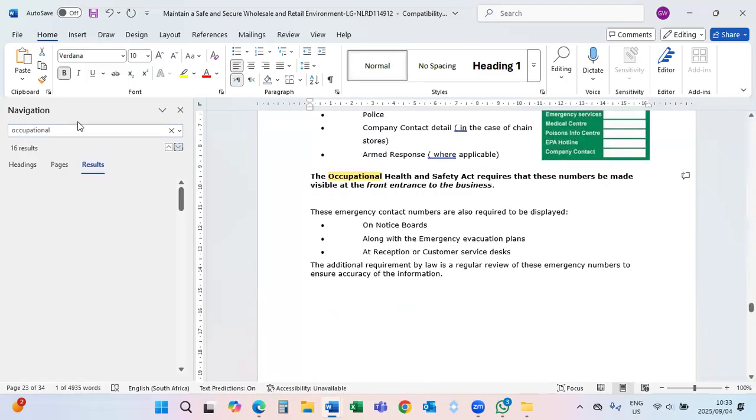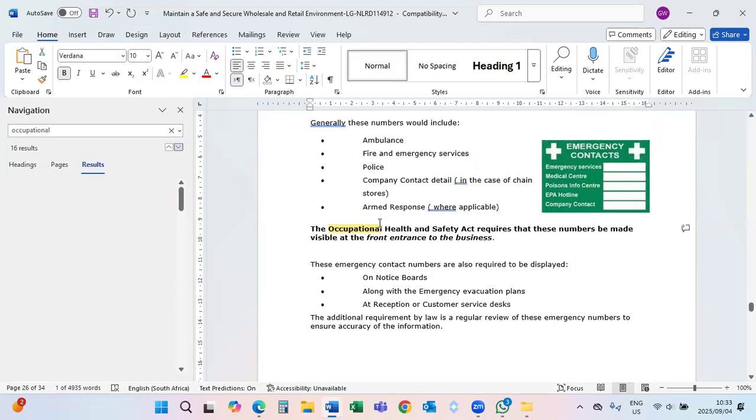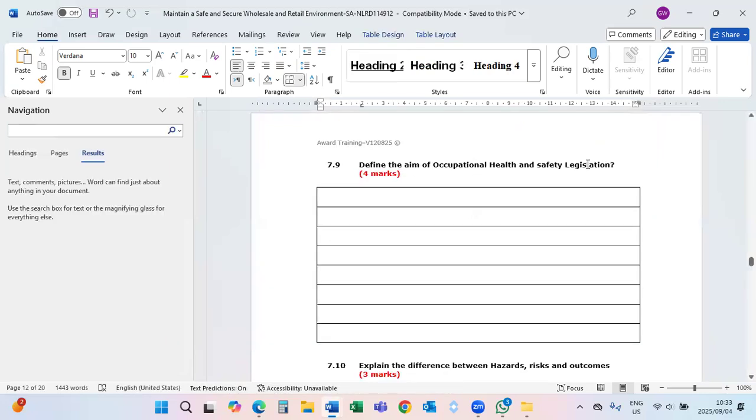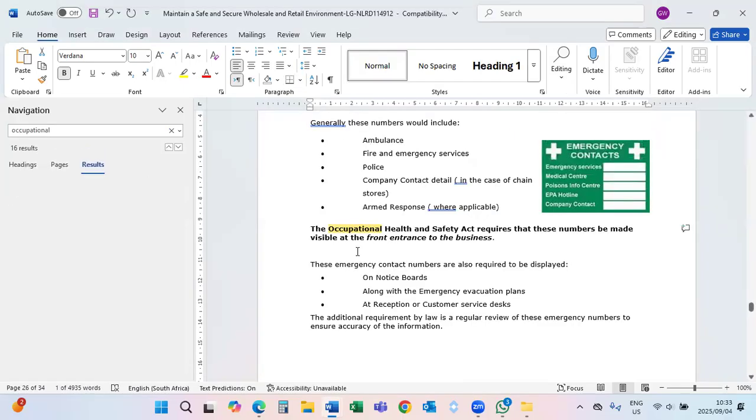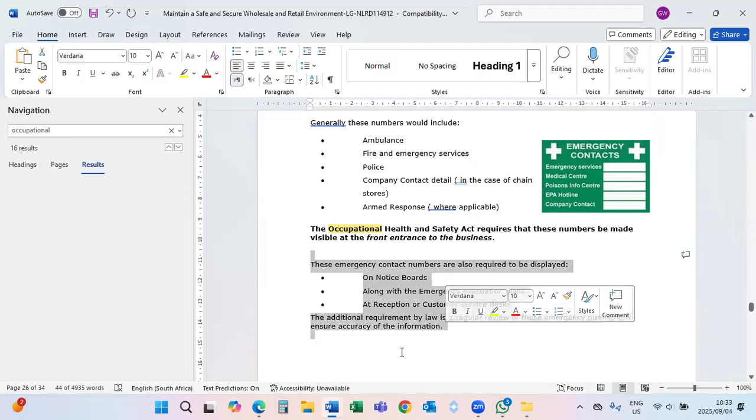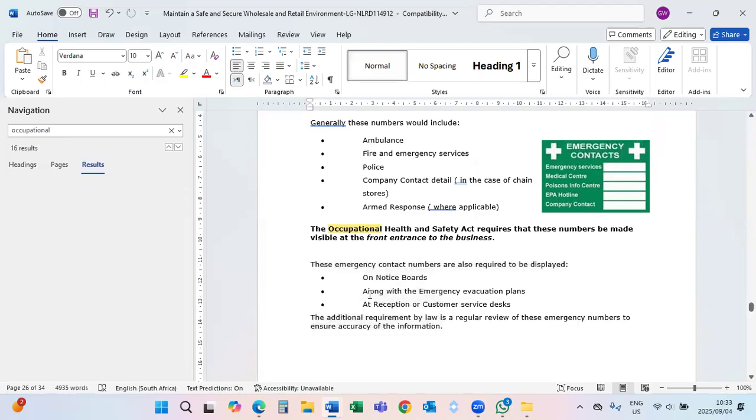The Occupational Health and Safety Act requires that these numbers be made visible at the front entrance of the building. So there it is there. Let's go to define the aim of the occupational health. It's basically to keep people safe, and it is essential that emergency numbers are placed at the front entrance of the business. And there they should be there. Bring those in there. Okay.